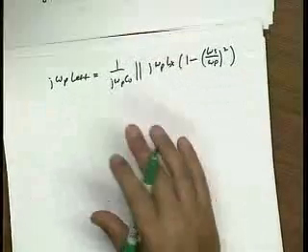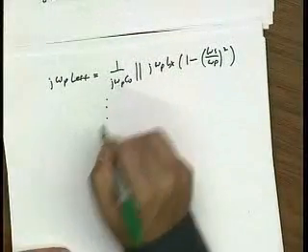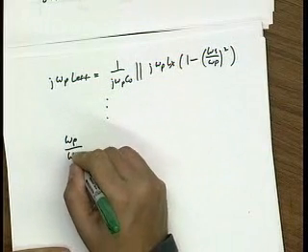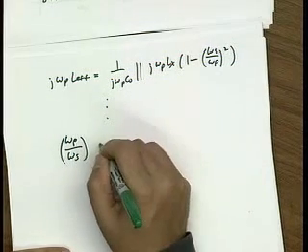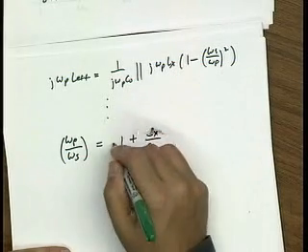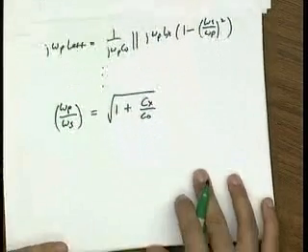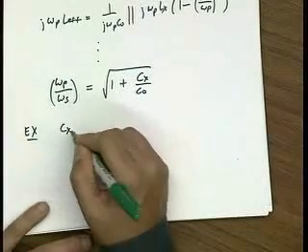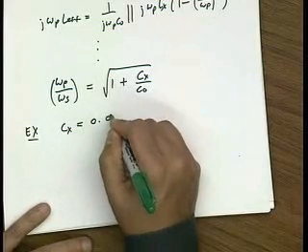And I'm going to save us some time. You do a few lines of algebra, you can solve for the ratio of omega p to omega s, which is the square root of 1 plus Cx over C naught. Okay? And again, let's look at an example to see numerically what that looks like.